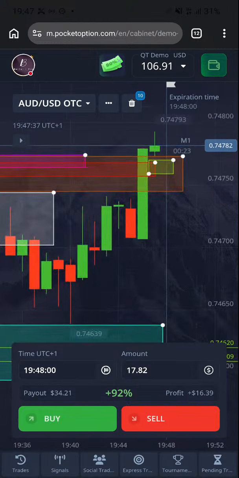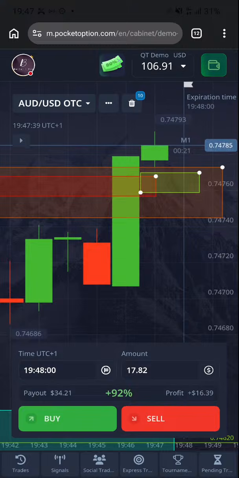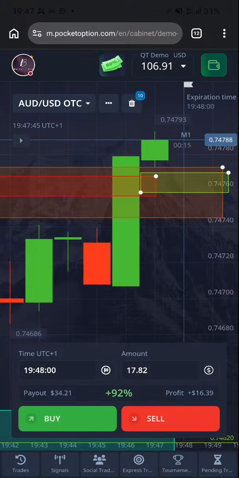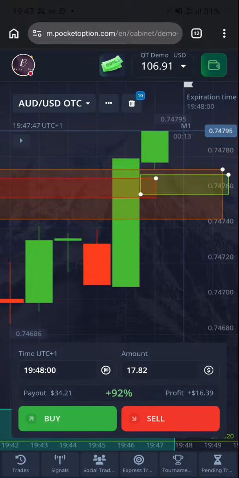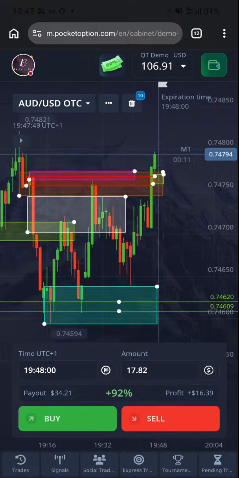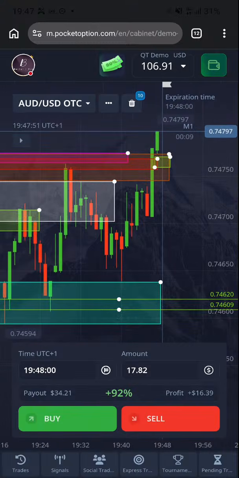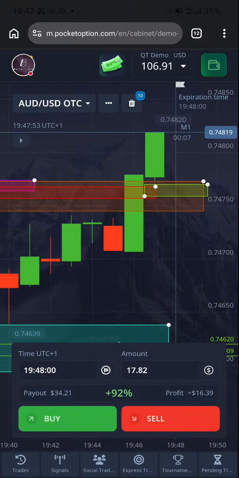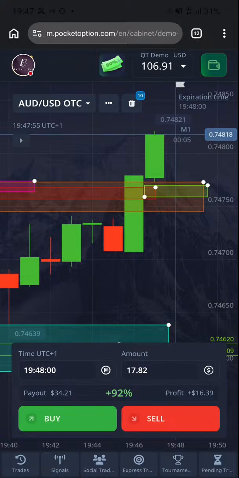You see this gap down is in favor of the buyers, but to go with the buyers, you need extra confirmation, which is this one. If we have another gap down, we can go with the buyers.